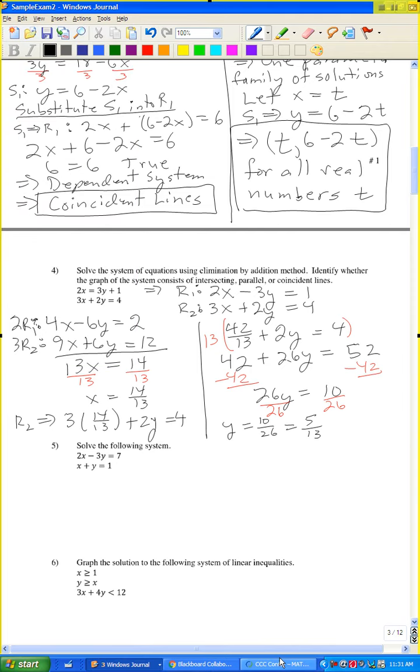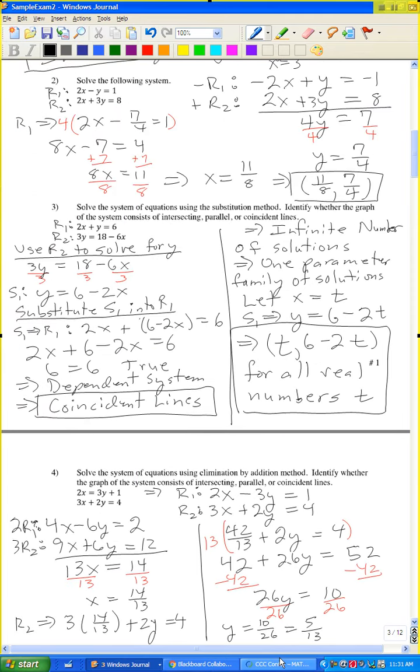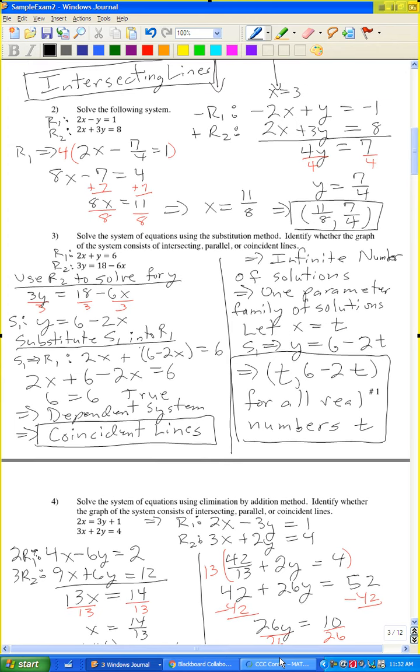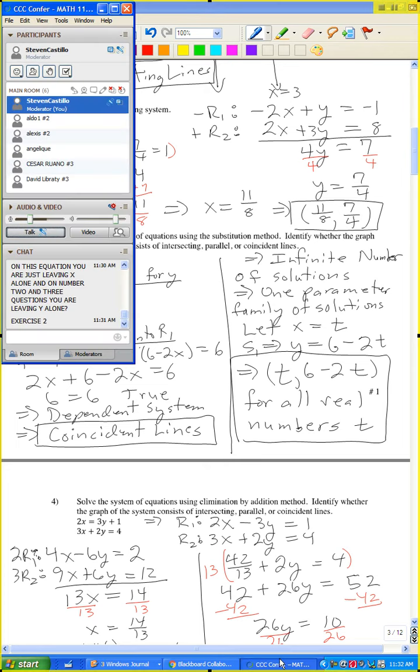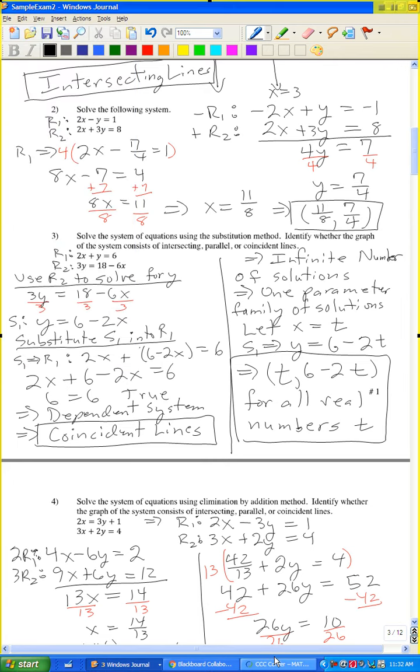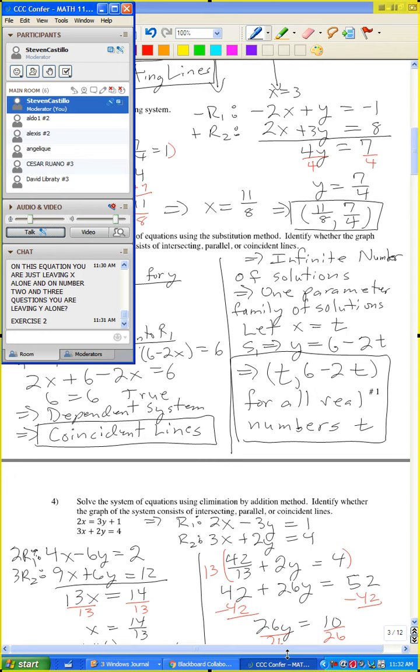Okay, so let's see. On exercise 2, I'm eliminating x. Correct. On exercise 3, I'm substituting. Exercise 4, I'm eliminating y. Is that what you're asking? Okay.